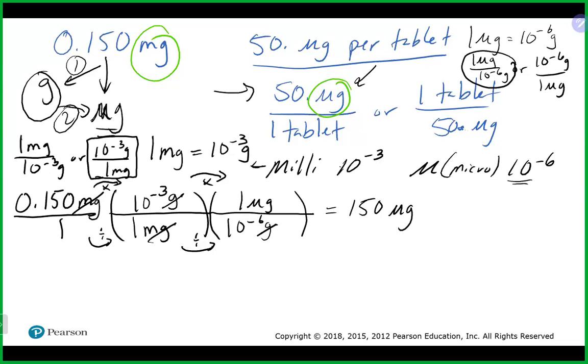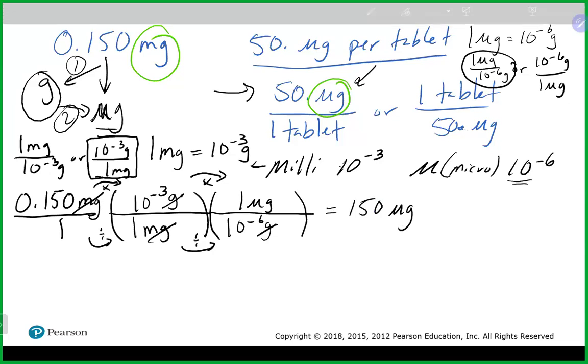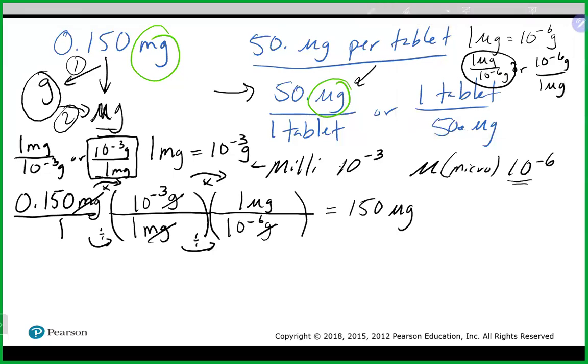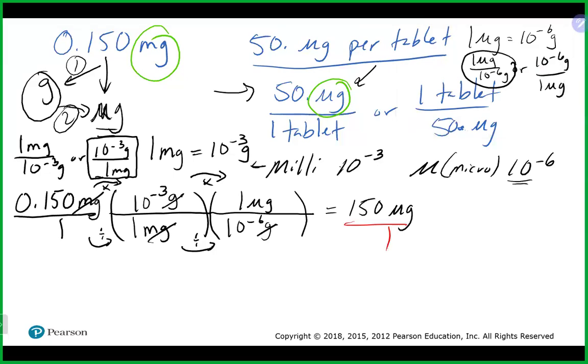At this point, I can now use the conversion factor from the problem. And it is still dimensional analysis at this point. So if it helps you, pop a 1 over that. And now I can see whether my micrograms are on top or bottom here. Micrograms are on top. I want to get rid of micrograms, which means they need to go on the bottom.